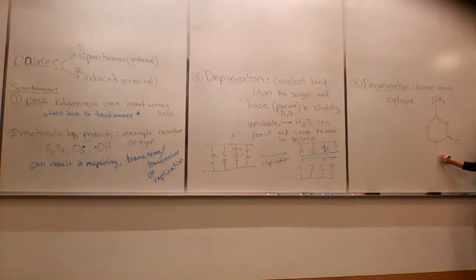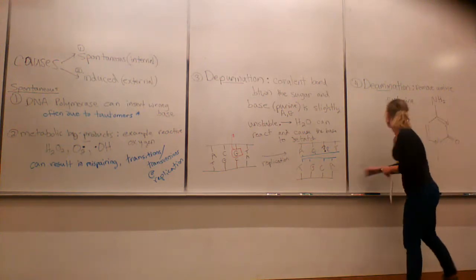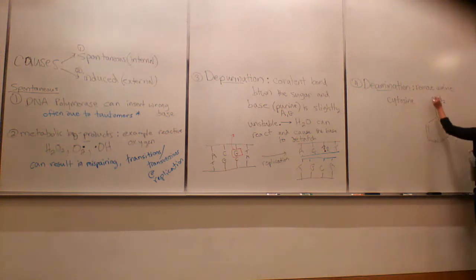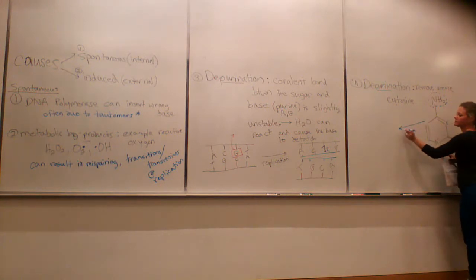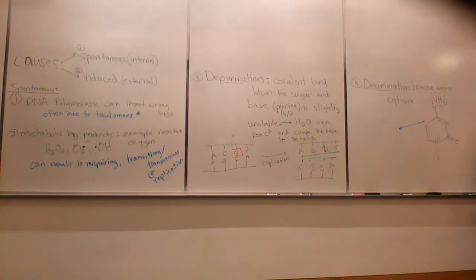So here's your friendly cytosine. What happens under a deamination event is this amine group is removed and replaced with an oxygen. That's what we mean by deamination. And cytosine is really prone to it. Thymine doesn't even have an amine group.